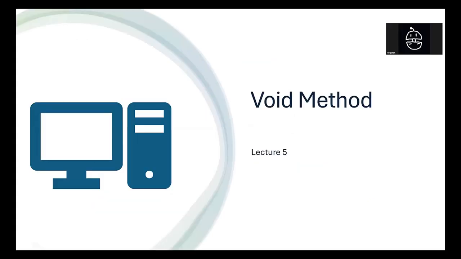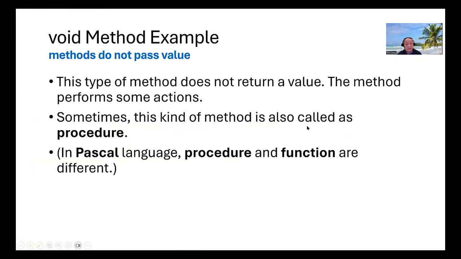No? Okay, next we are going to talk about void functions. So a void function is a function with no result, okay, with no return value. So this one is pretty simple, okay?